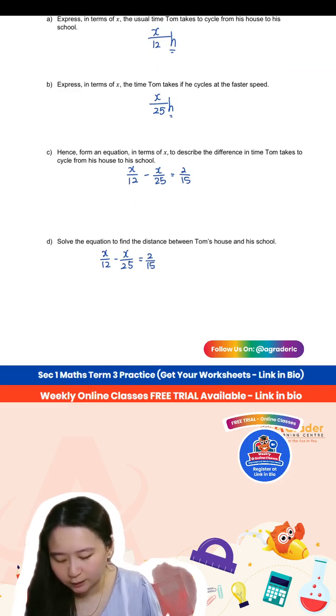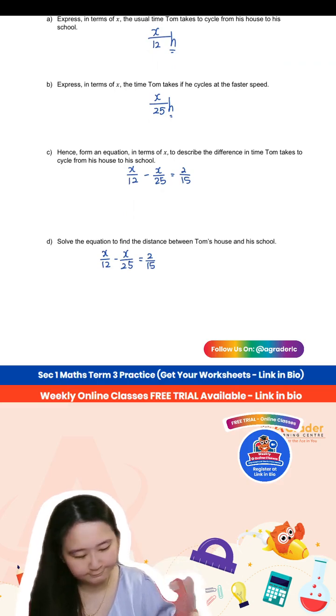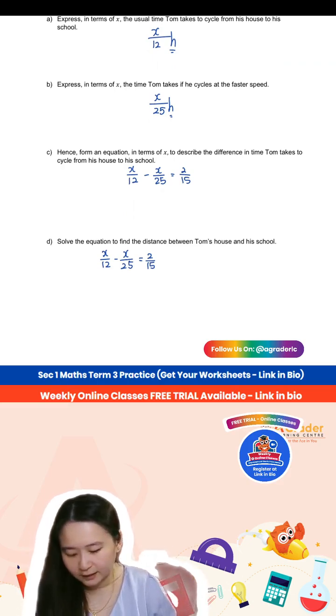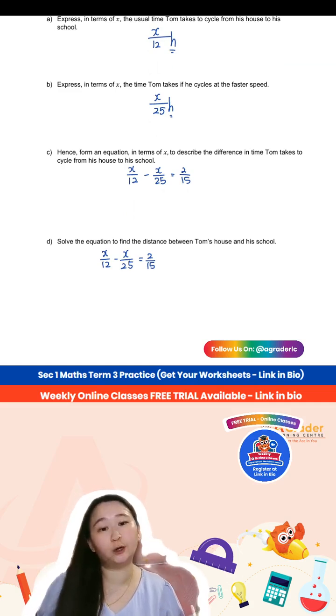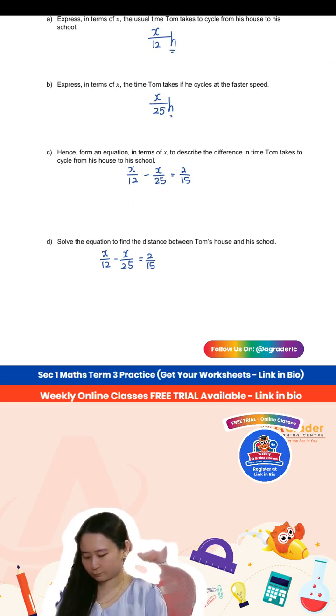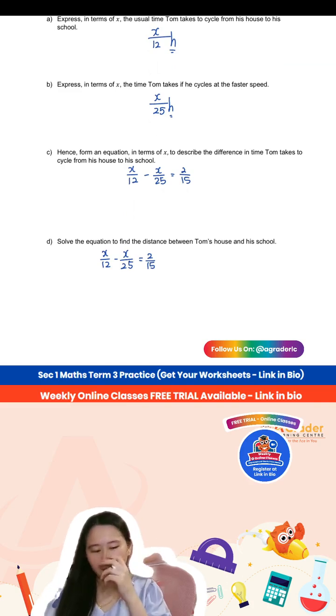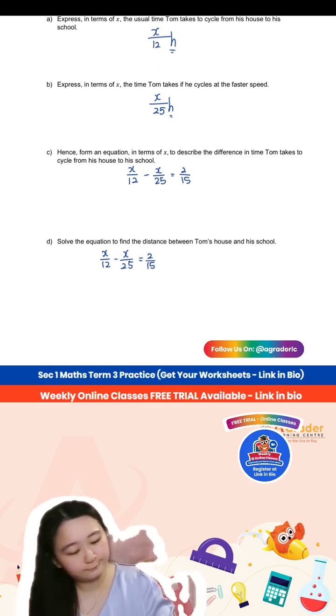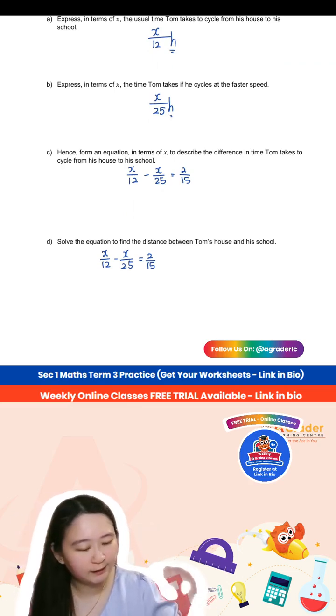What we can do here will be times 25 and 12 throughout, meaning to say we times 300 throughout so that we can remove the denominator.